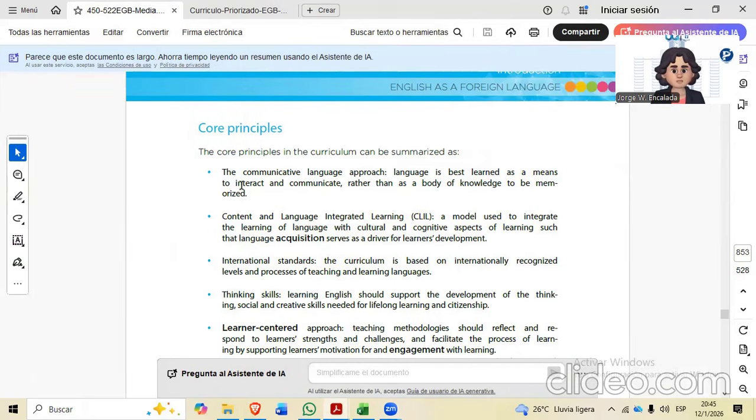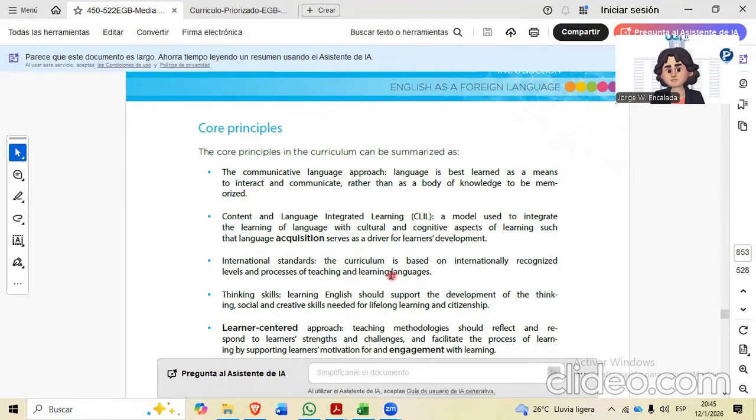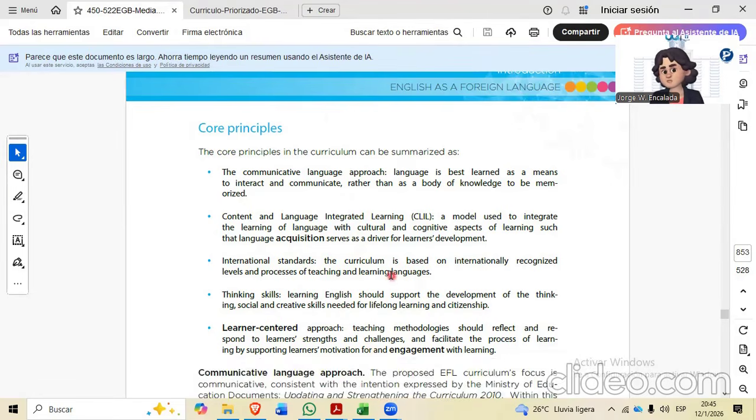The first one is CLT, the Communicative Language Teaching, Communicative Language Approach. The second one is Content and Language Integrated Learning. Number three is International Standards. Number four is Thinking Skills. And number five is Learner Center. So throughout the whole document, we are always going to find those principles.